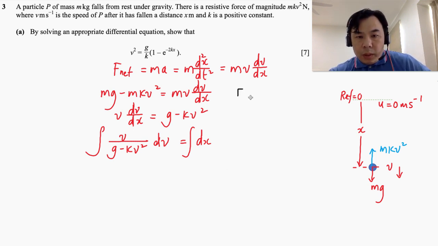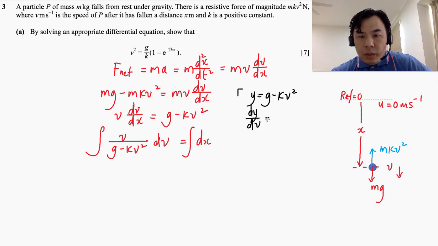From here, we will let u equal to, okay, since u is initial velocity, I won't be using u. Maybe we'll call that y then. So let y equal g minus kv squared. Right, now we can differentiate this with respect to v. That would give us 2kv.